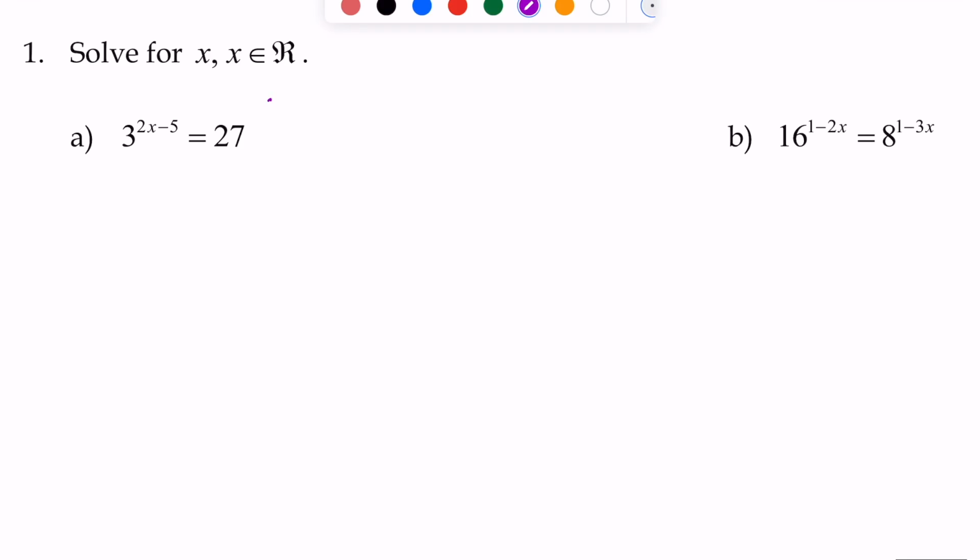But what do we do here? What do we do on the right-hand side? This is a 27 over here. Well, in order for us to solve this problem, we need to have a way of equating the exponents, okay? We have to somehow turn this 27 into the same base of 3.